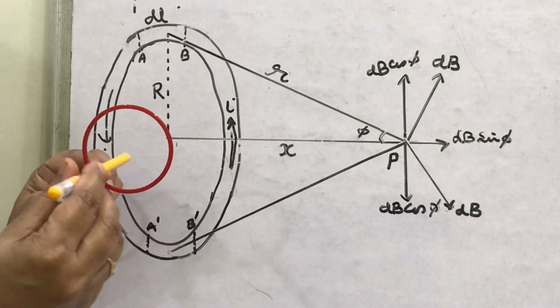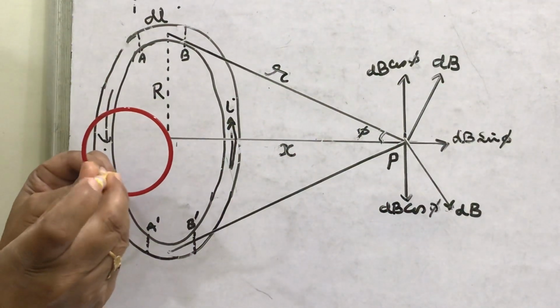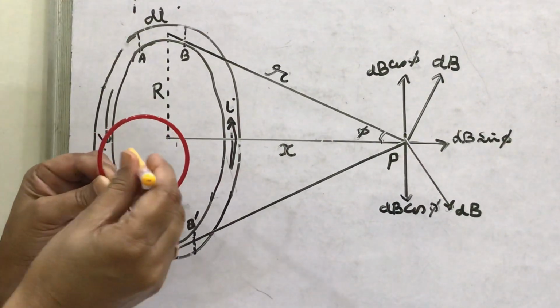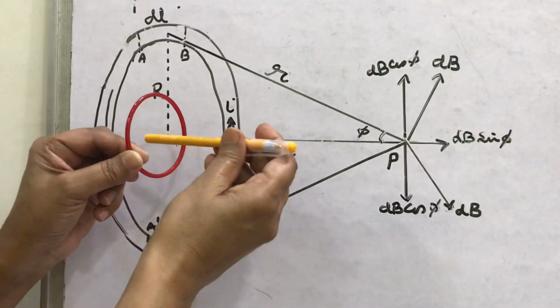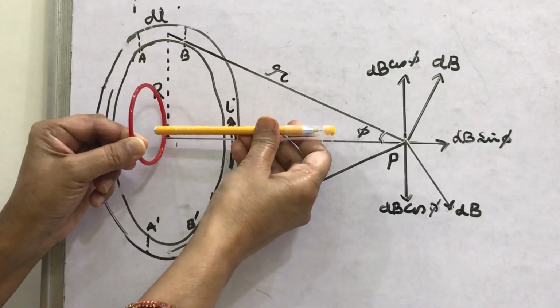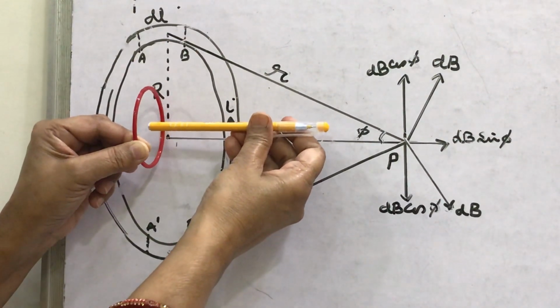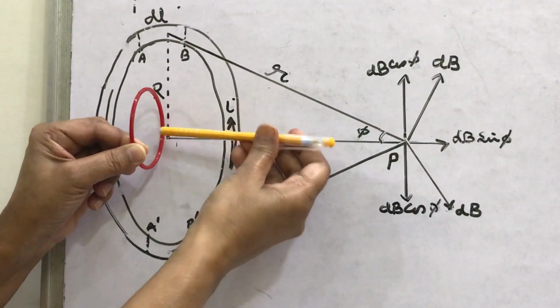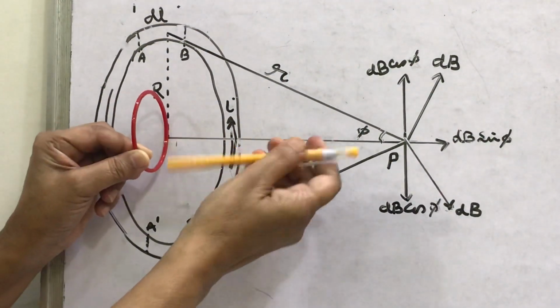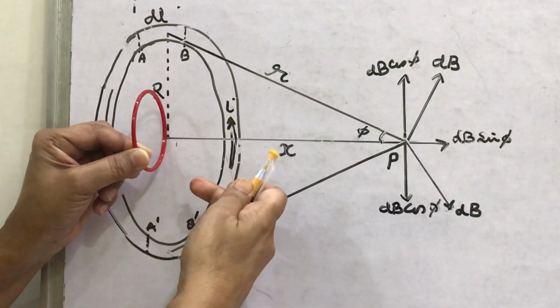Look at this point, at the tip of the pen, where you have to find the magnetic field. I am putting the coil like this, so this will be the axis and the coil is placed like this. For 2D you will draw the coil in this way, because you cannot show the coil otherwise on the blackboard.